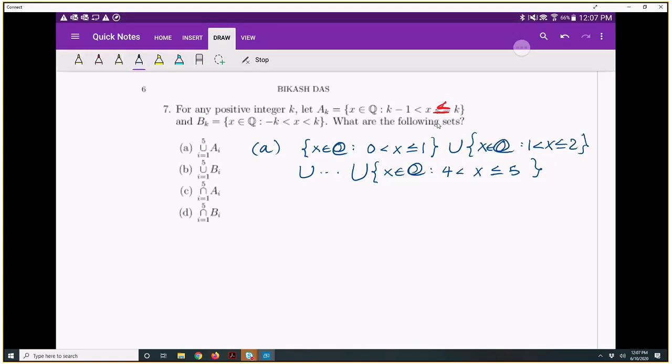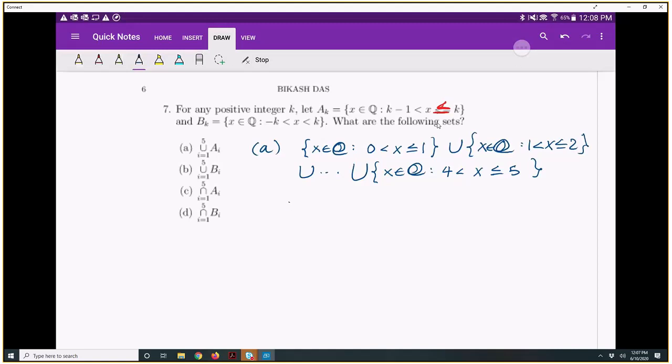Now if we think about these sets, they are disjoint. For example, let's compare A1 and A2. A1 is all the rational numbers up to and including 1, whereas A2 does not include 1, but it's every rational number larger than 1 until you get to 2. So because I'm doing the union, I'm collecting all of the elements.